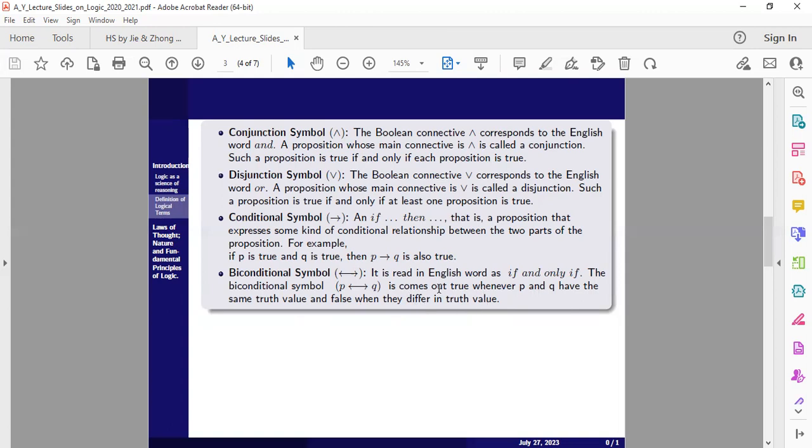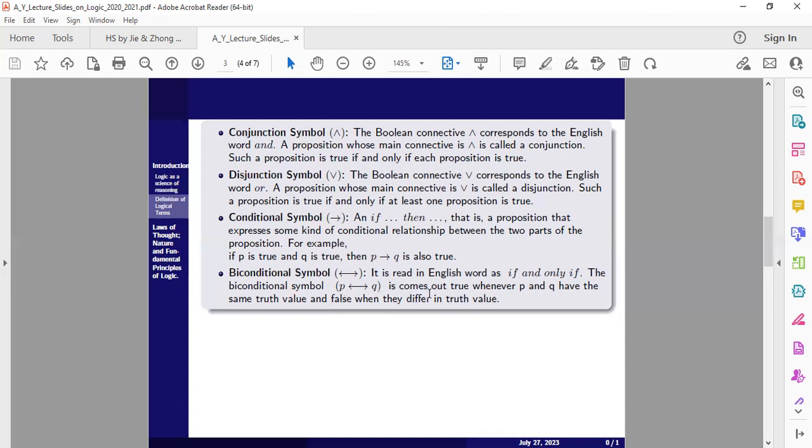So if you have P if and only if Q, this proposition will only be true if P is true and Q is true, or if P is false and Q is false.